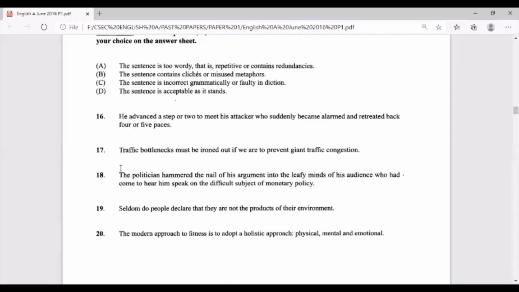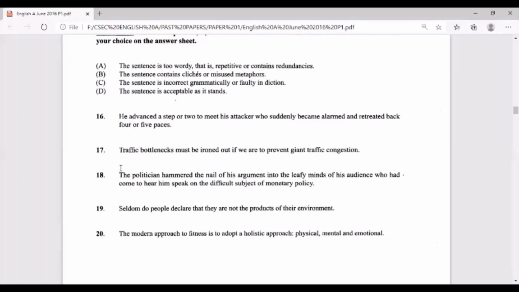18. The politician hammered the nail of his argument, and we're here in the metaphors, right? Hammered the nail of his argument. Okay, doesn't sound bad, but what does he do now? Or how is this hammered? Into the leafy minds of his audience.